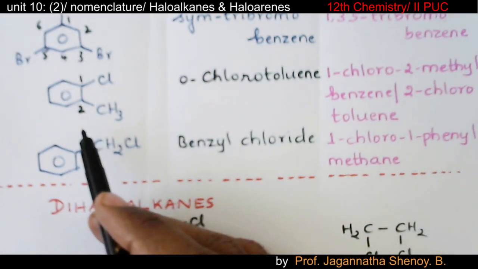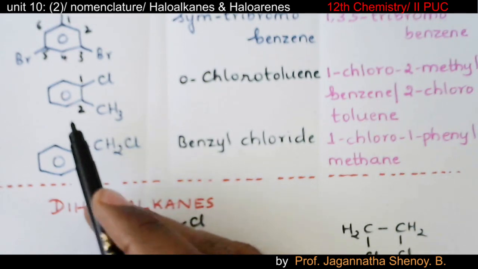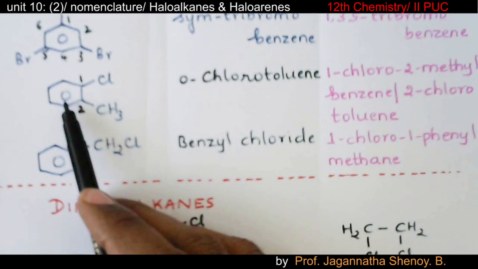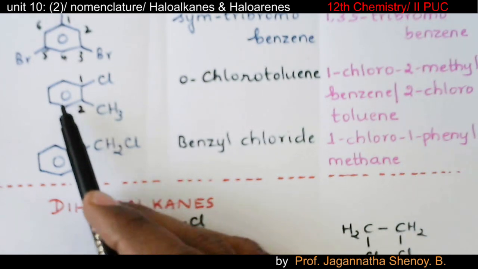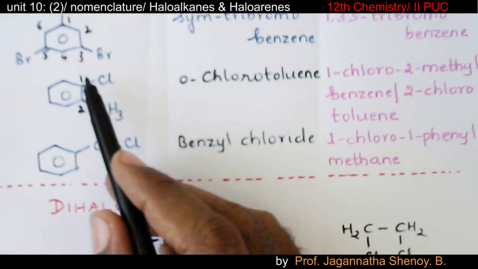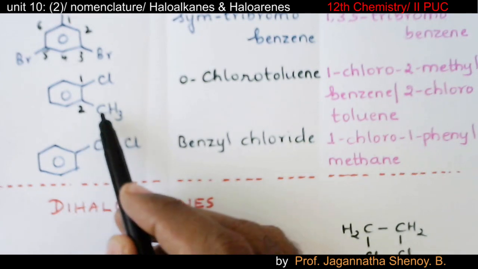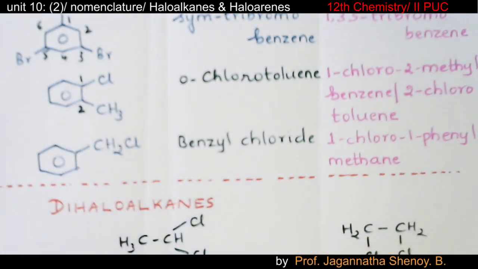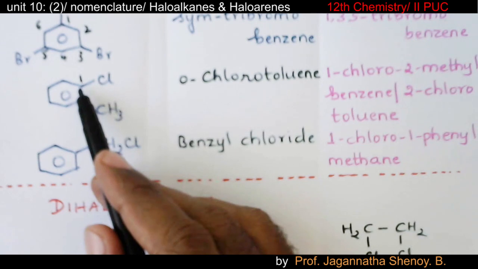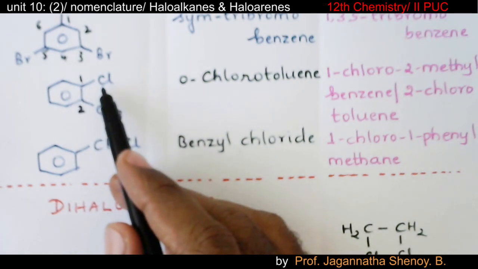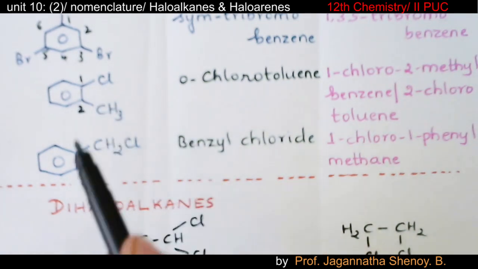So the first IUPAC nomenclature, where we treat benzene as the parent hydrocarbon, the name would be 1-chloro-2-methyl benzene. Here remember, we have given the lowest number to the carbon atom of the benzene ring that carries the group that comes alphabetically first.